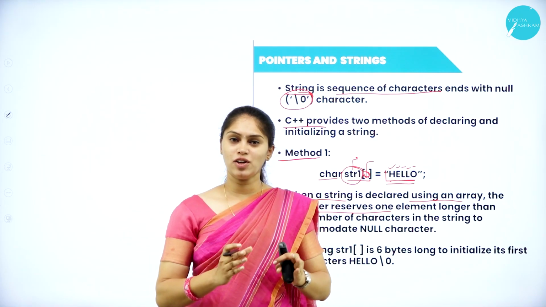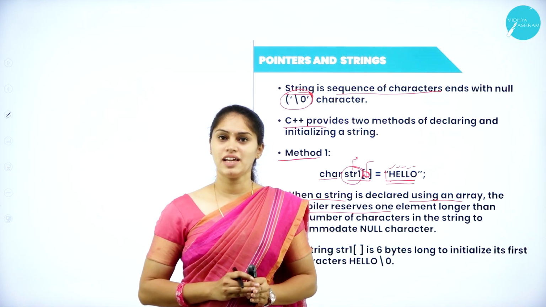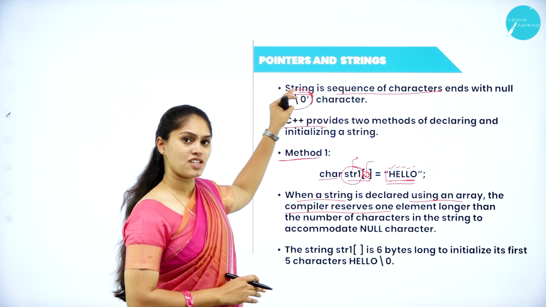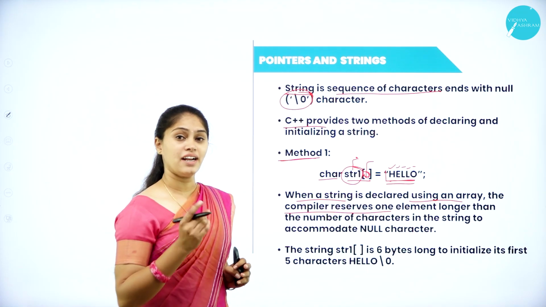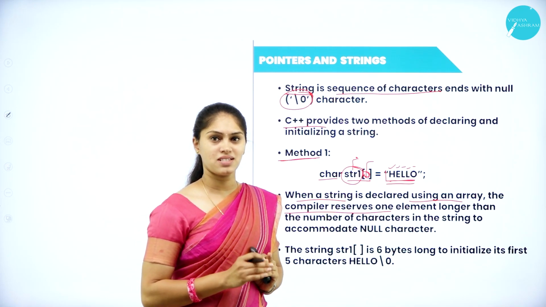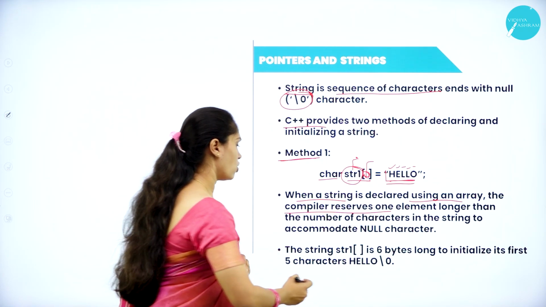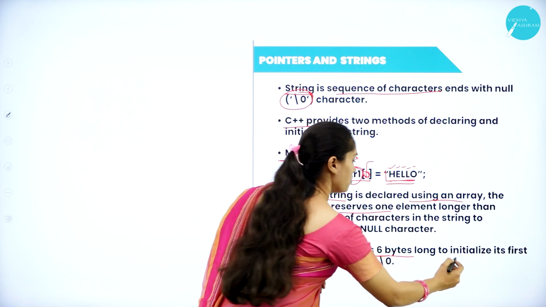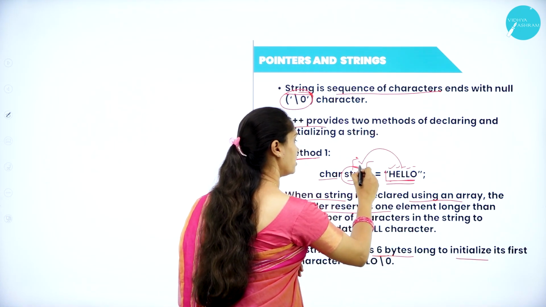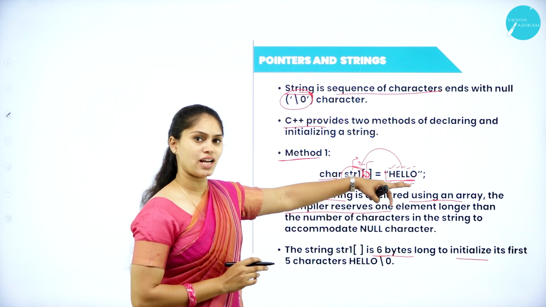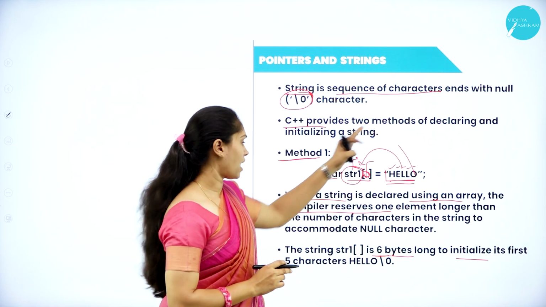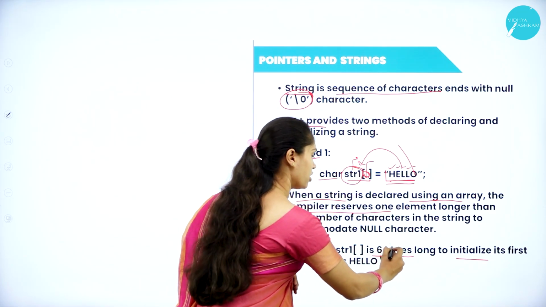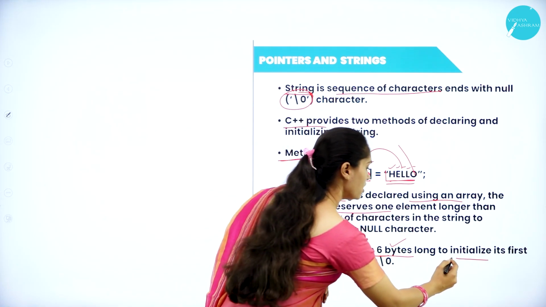It will allocate 6 bytes in order to store the 5 elements along with backslash 0, which represents the end of the string. Here I am assigning some value to this string variable. What value am I assigning? Hello. That will be assigned to the string variable str1, so it gives me 6 bytes to initialize.